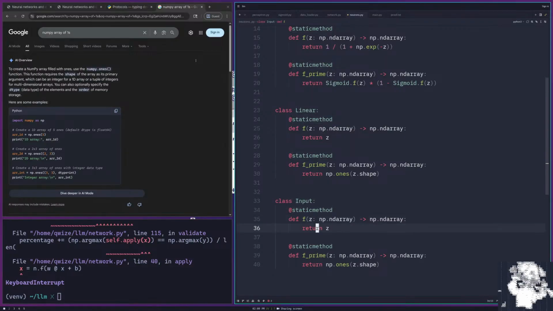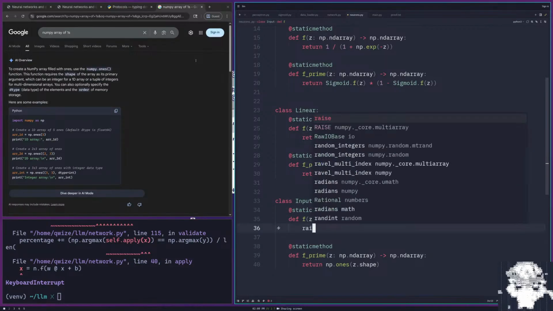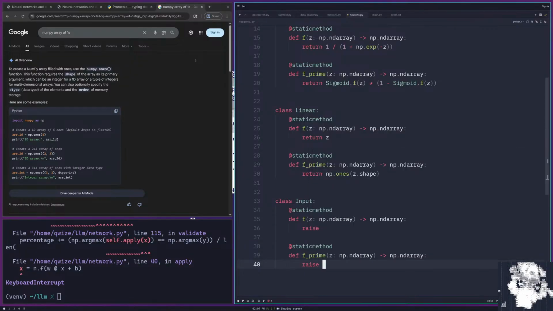So if I call this input, this is an input layer.